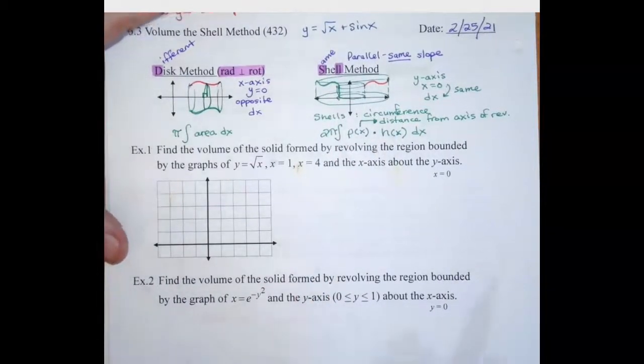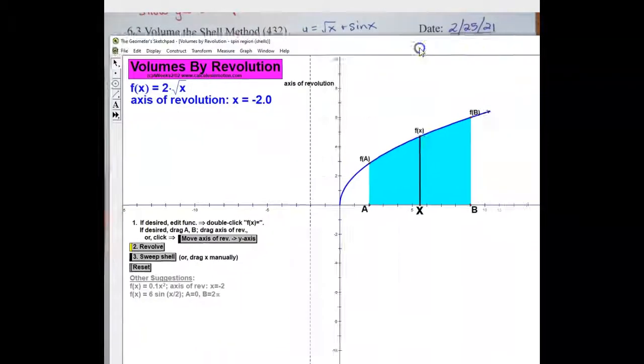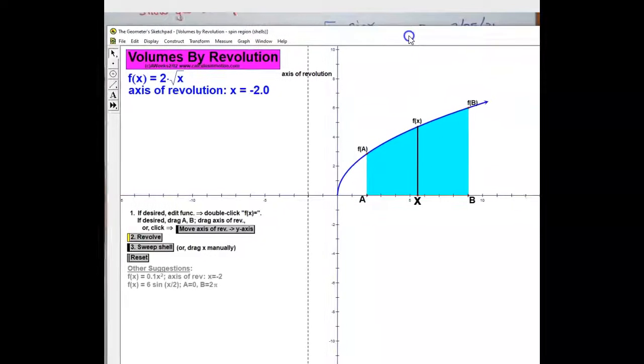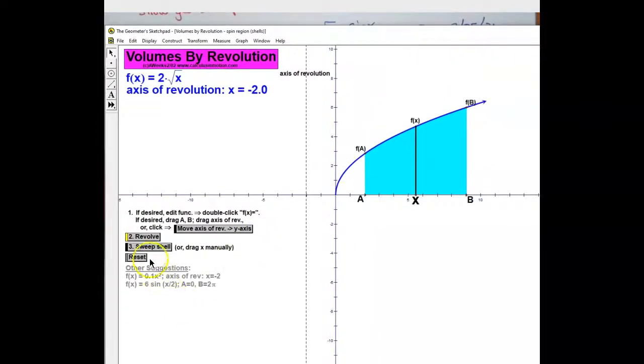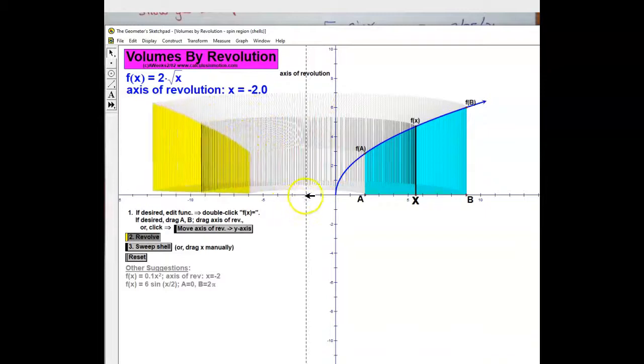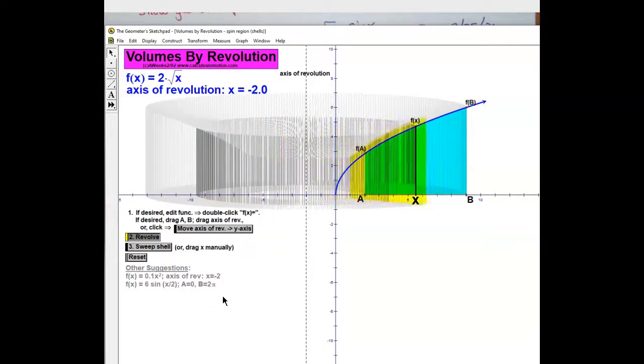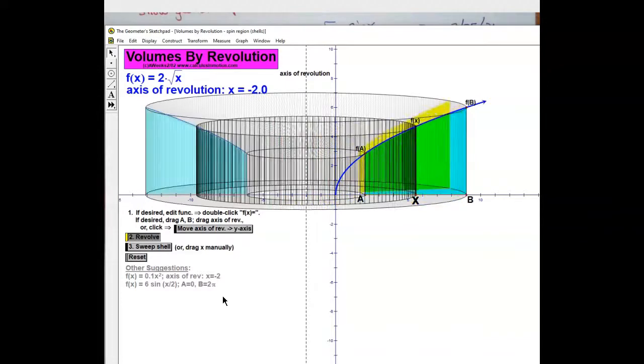Okay, so before we do that, let's look at a computer simulation of this process. So let me bring that in. And I'm just going to do this. So if we take that area and we revolve it around the line y equals -2, we get that shape, which is kind of hard to see, and they fill it in right there.